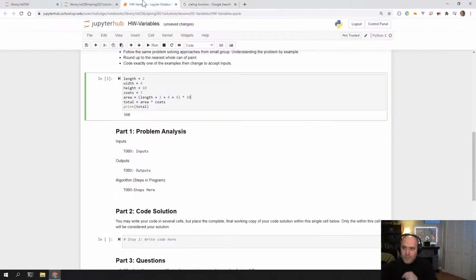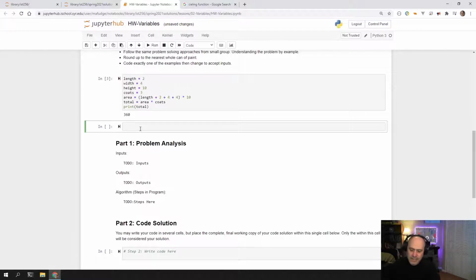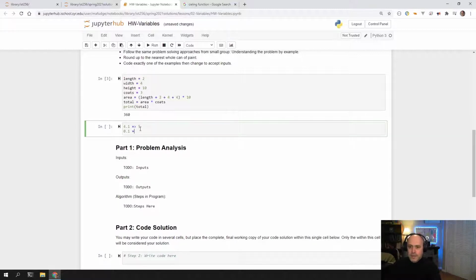So, for example, the ceiling of 4.1 is 5. The ceiling of 0.1 is 1. And this makes sense because if you need 0.1% of a can of paint, you still need to buy the entire can of paint.